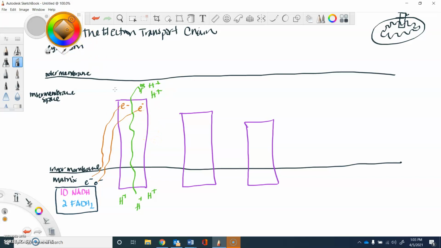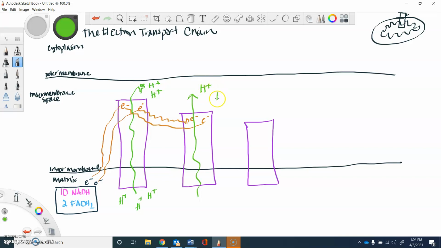Once those proteins do that, the electrons don't get completely used. They actually hop over to the next protein. And then that protein pumps hydrogens from the matrix into the intermembrane space.